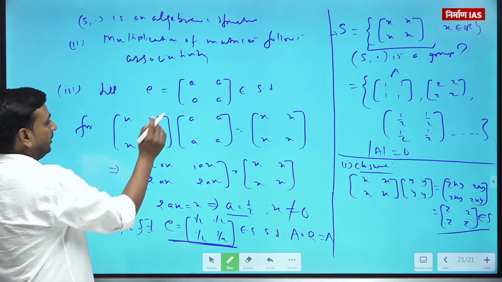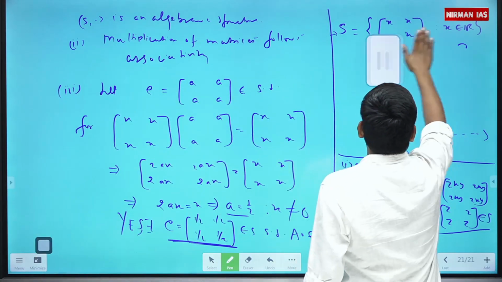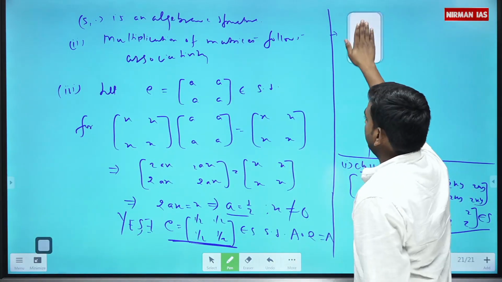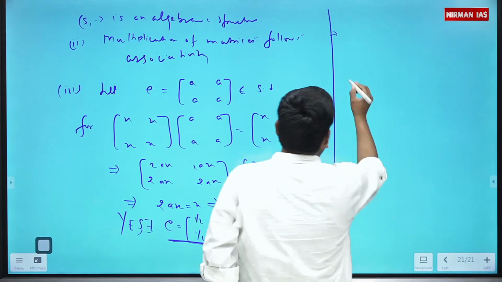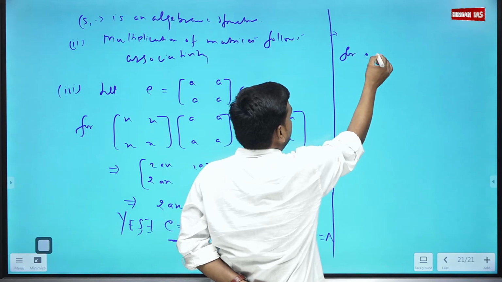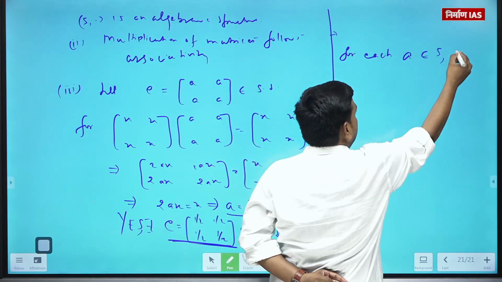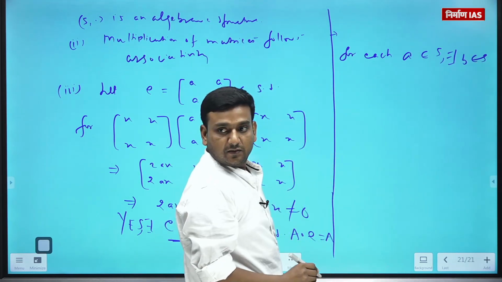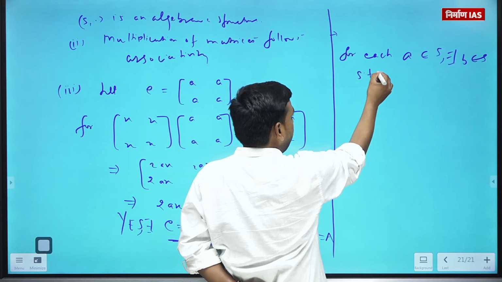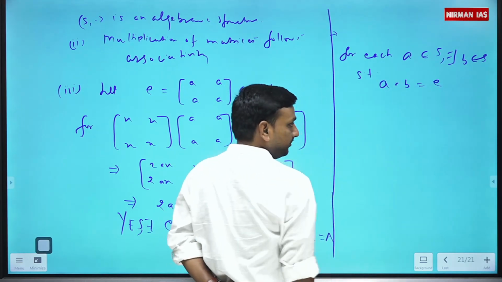Let's say for inverse, what do you wish to have, dear? For each A belonging to S, there must exist some element B in S such that A composition B must be the identity.